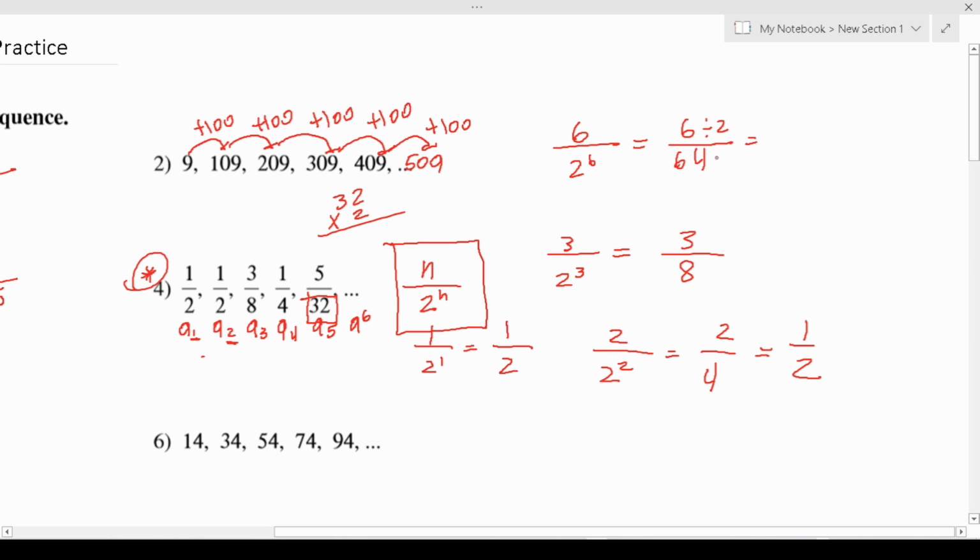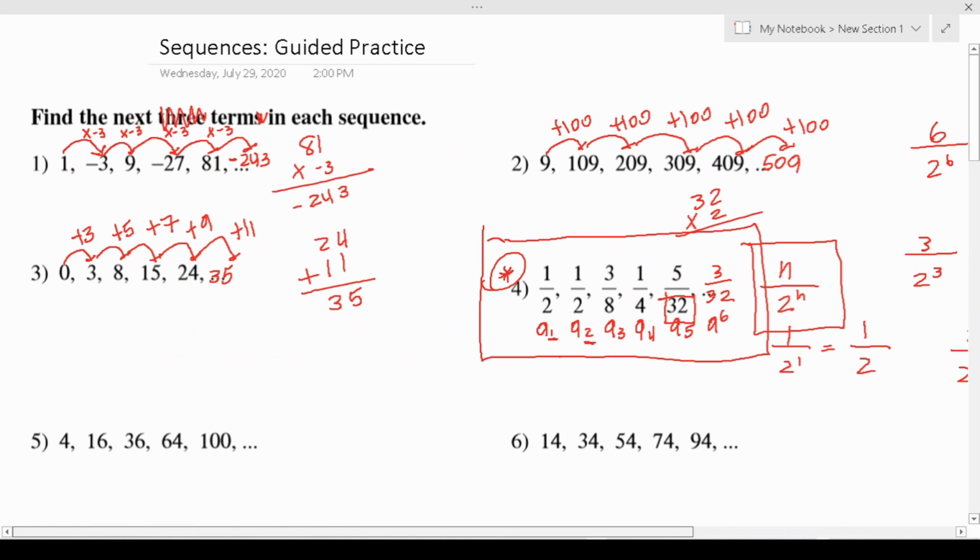We can divide this by 2 as well as 2. 6 divided by 2 is 3. And 64 divided by 2, well, 2 goes into 6 3 times, 2 goes into 4 2 times. So we can see that the next term in this sequence is 3 over 32. Again, very challenging problem. You probably won't see something like that on the ASVAB, but it's a good question to get your critical thinking going.